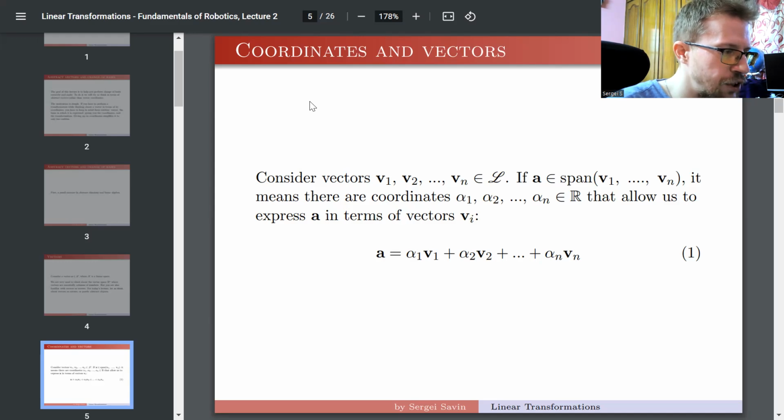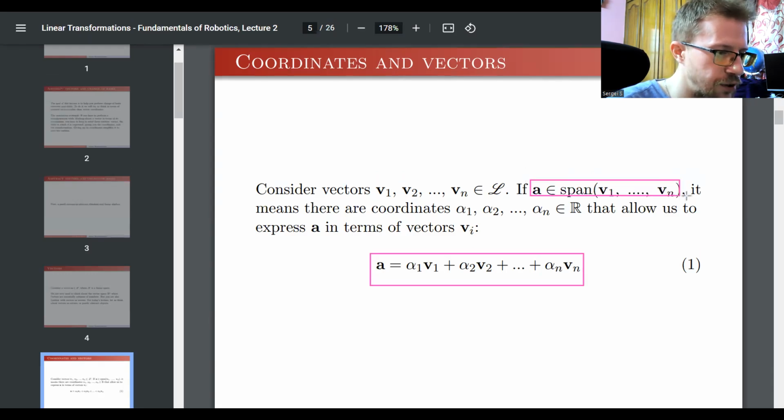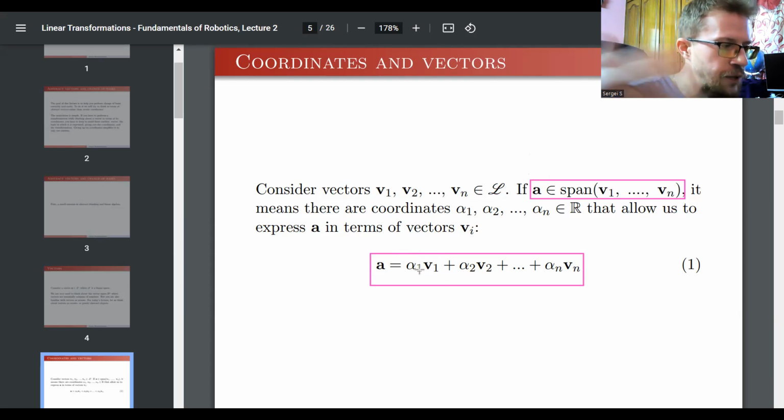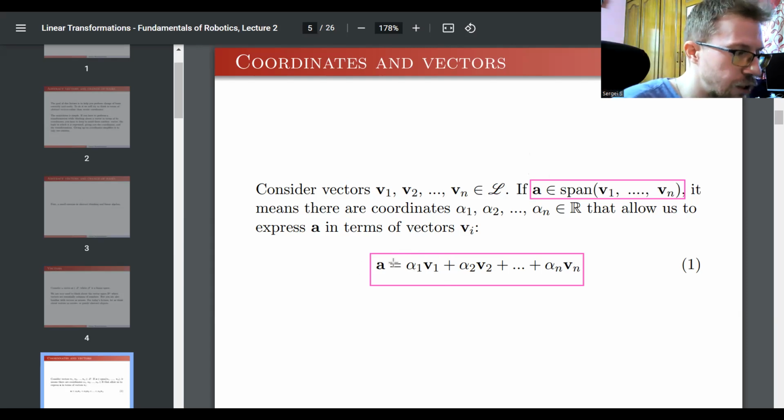What I wrote here is the same as what I wrote here. If A is a linear combination of v1, v2, vn, that means A is in the span of v1, v2, vn. And this is written as A equals coefficient times v1 plus coefficient times v2, etc.